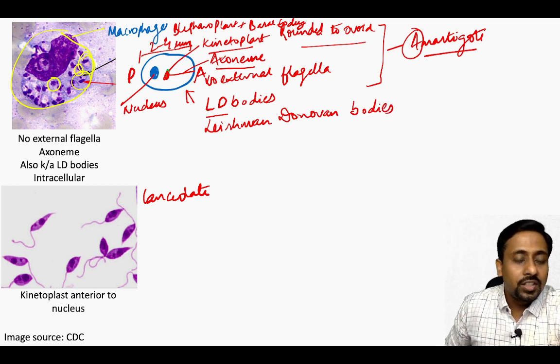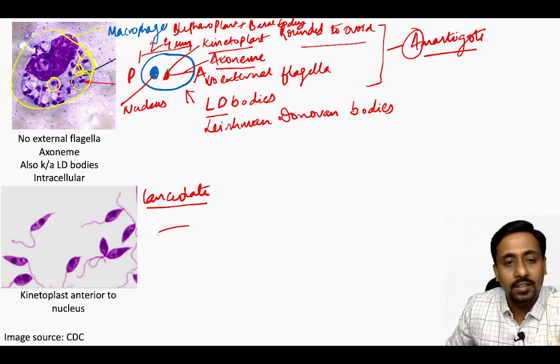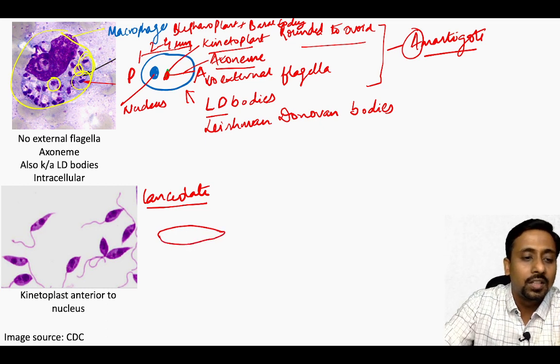So the second image looks lanceolate in shape, and if I draw the diagram, it will look something like this. Let me change the color.